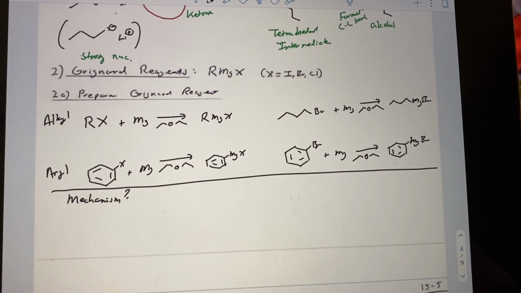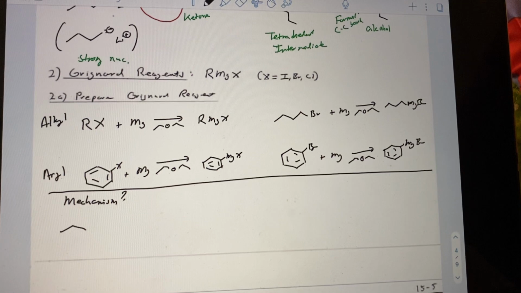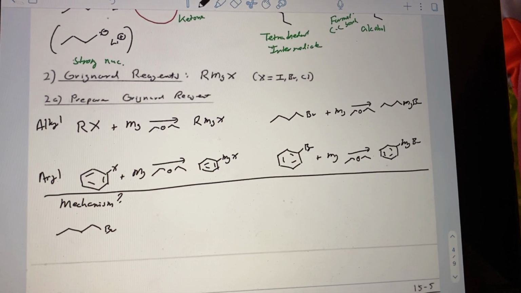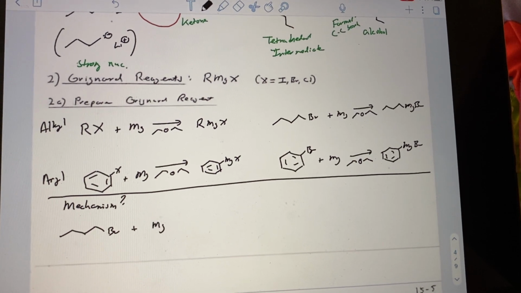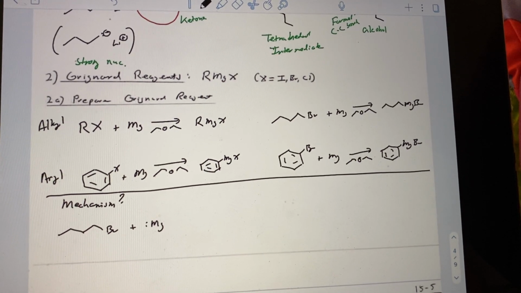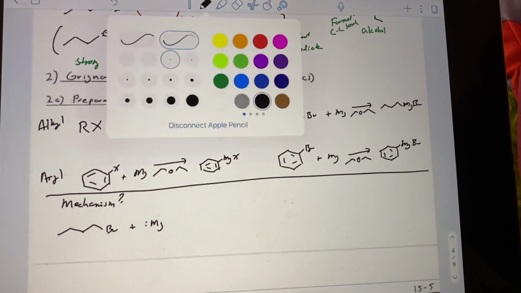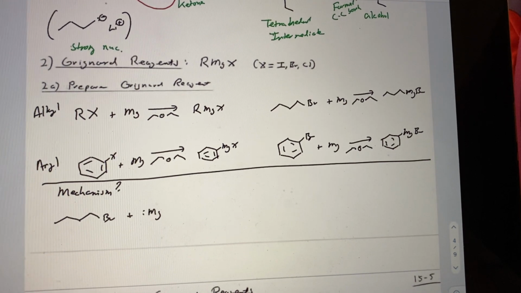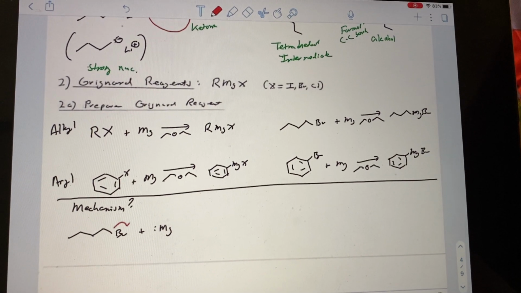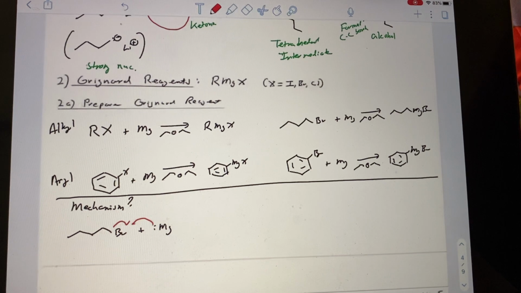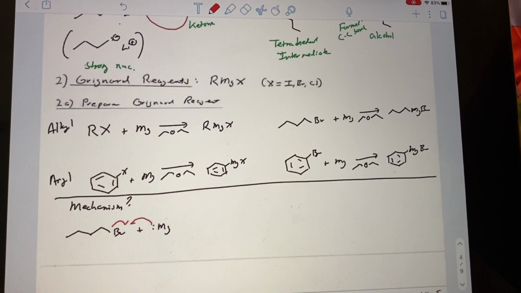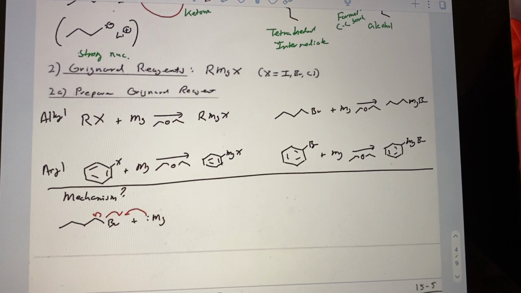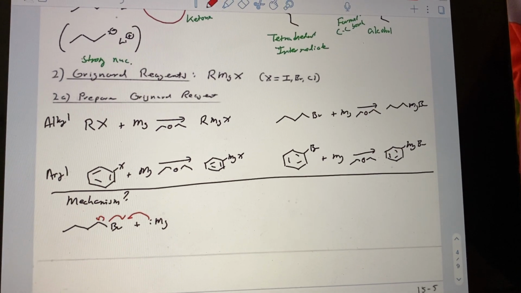But one idea as to how this actually works is let's take this alkyl bromide, and then let's react this with magnesium. Probably the simplest idea is it's a radical reaction. And I use this just to bring back the radicals. I don't want us to memorize this, just to give us a sense of what might happen, is that we could imagine one of these electrons, using single fishhook arrows, forming a bond with a bromine, and then the other electron in that carbon-bromine bond going onto the carbon.